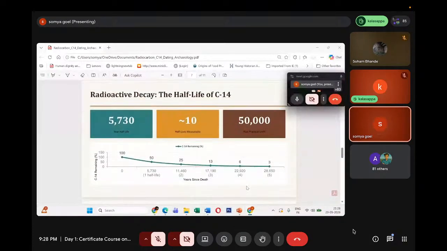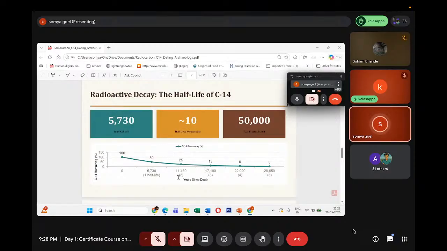Now if we look at this curve, note that this is not a flat line. This is a decay curve. It drops steeply for the initial years, like the first half life, and then it becomes close to flat as we move on. After the first half life, that is after 5730 years, we'll be left with half of whatever carbon was there in the organism.